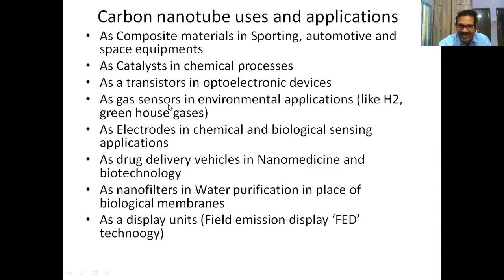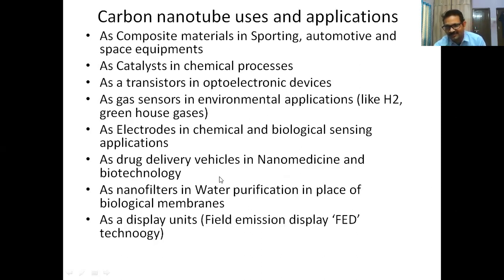So they can be used as gas sensors for hydrogen and greenhouse gases, so that we can sense environmental conditions, especially greenhouse gases. They are also used as electrodes in chemical and biological sensing applications, and as drug delivery vehicles in nanomedicine and biotechnology.